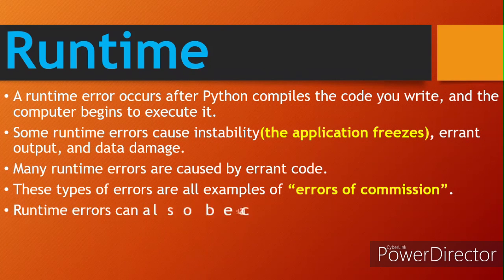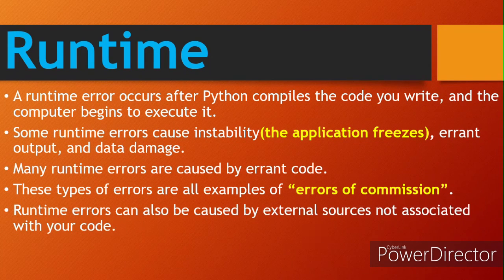Runtime errors can also be caused by external sources not associated with your code. For example, the user can input incorrect information that the application isn't expecting, causing an exception. A network error can make a required resource inaccessible.